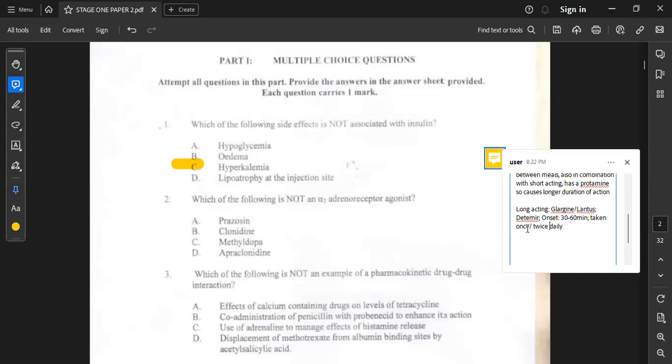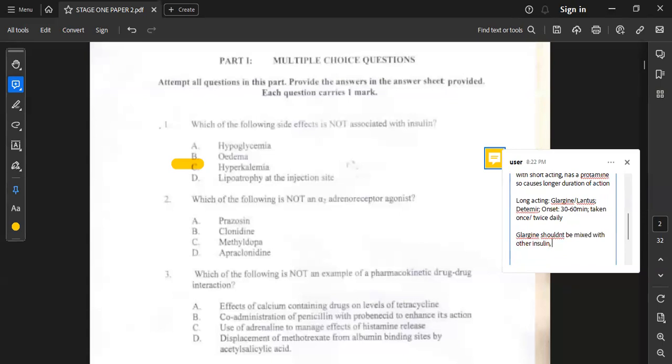Also, glargine should not be mixed with short-acting insulin preparations. The explanation it gives is that it's a clear solution with a pH of 4. It remains stable at pH of 4, but precipitates at neutral pH.